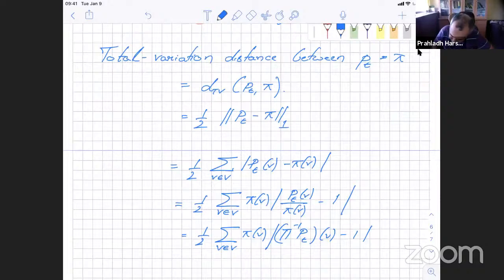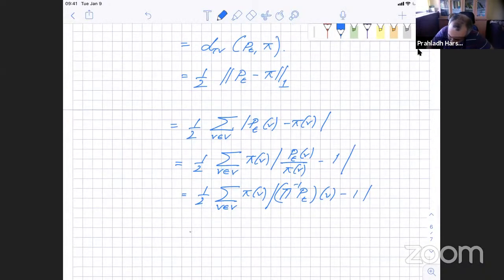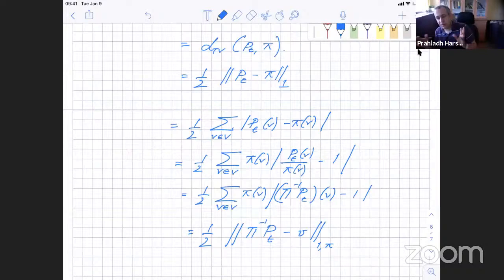This is just the expected value according to the pi distribution of the one norm of the vector pi inverse PT minus 1, the one norm under pi. The one norm is usually the sum of absolute values of the vector, but when I say pi, I mean I'm going to weight it.